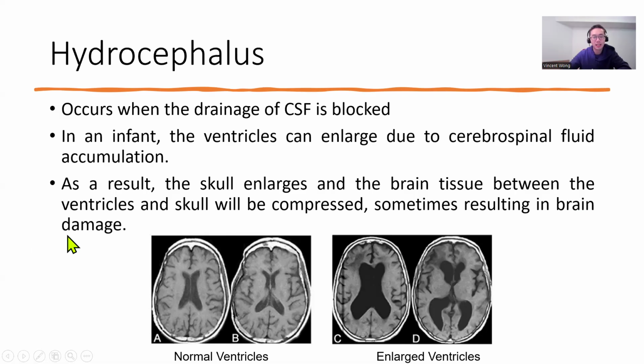resulting in brain damage. So in kids, in infants, the skull is not fully ossified, fully hardened yet. Like if you see the head of a baby, you can see the pulsating right up here, right? It's not the brain you're looking at.